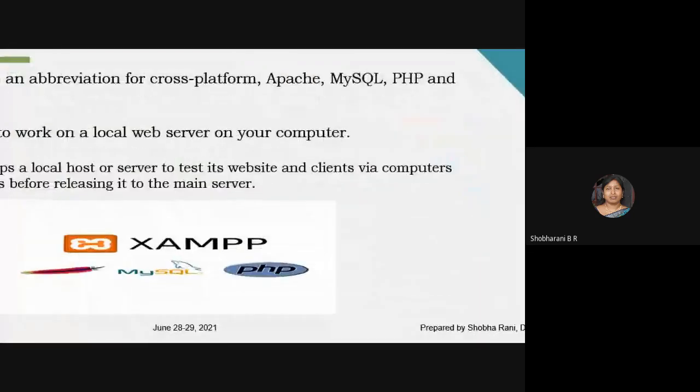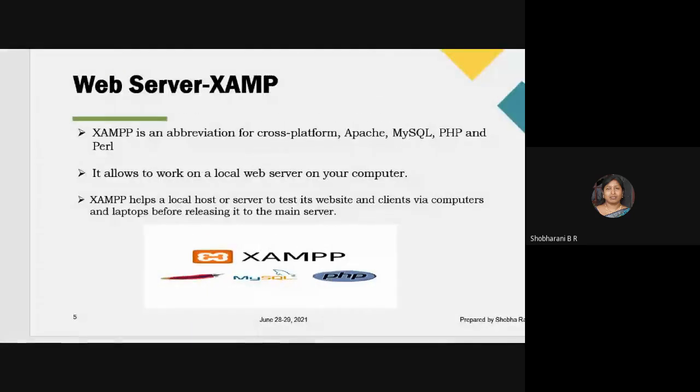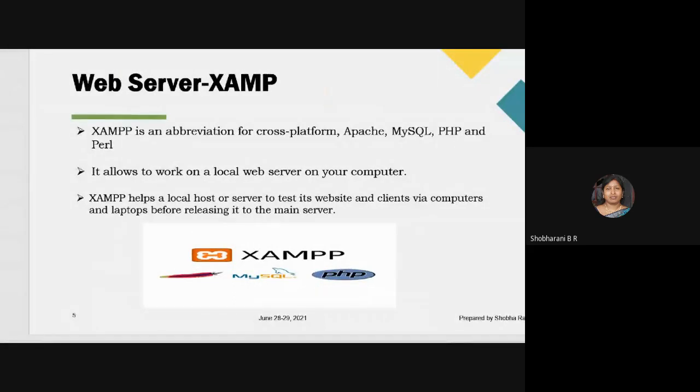Now I'm just telling you about the very important package or software which you are supposed to use, which is XAMPP. The installation steps which I had already given to you are for the installation of this. Each character of this name stands for another software which has to be installed.